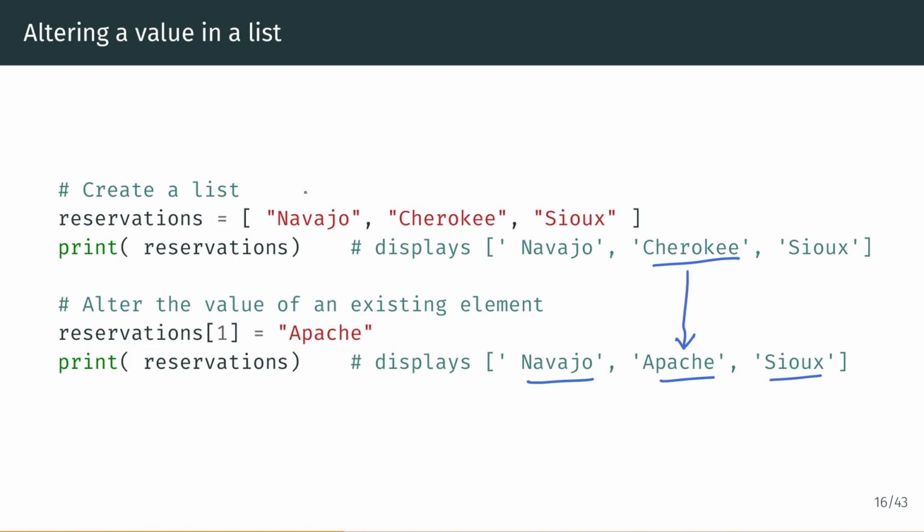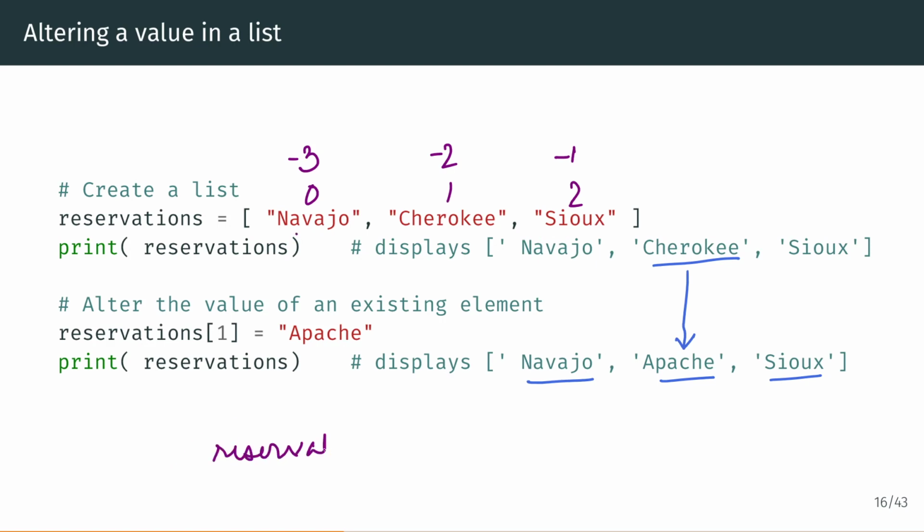So the indices of these items would be 0, 1, and 2. But Python lets you access the elements using a negative index, and the negative indices would be -1, -2, -3.